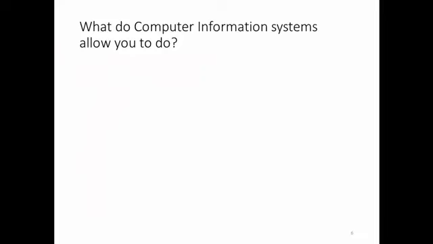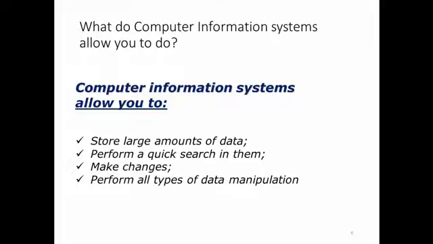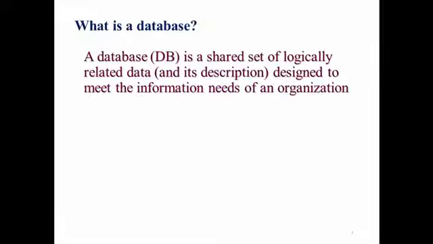What does your computer information system allow you to do? Computer information systems allow you to store large amounts of data, perform a quick search, make changes, perform all types of data manipulation. What is a database?